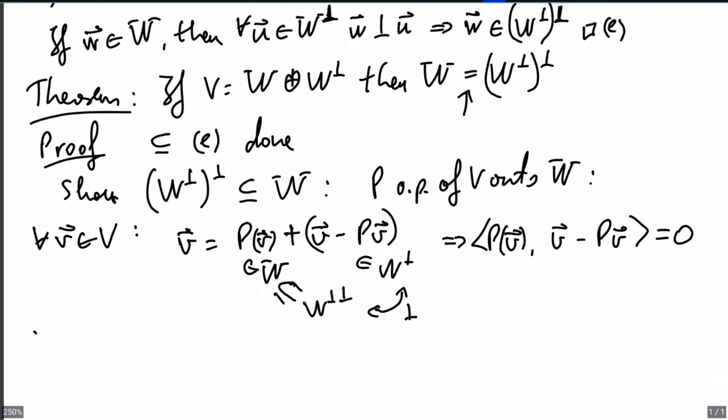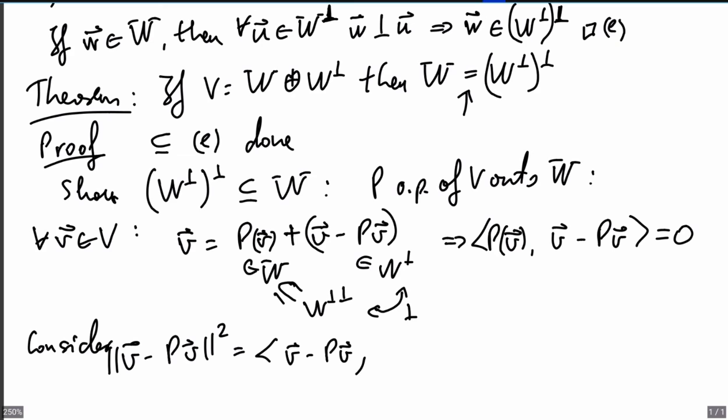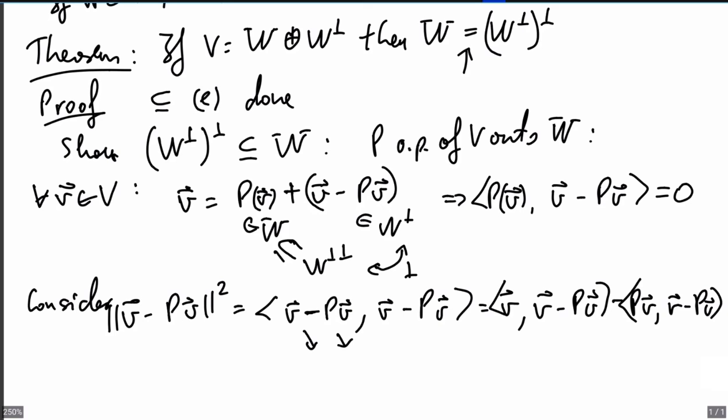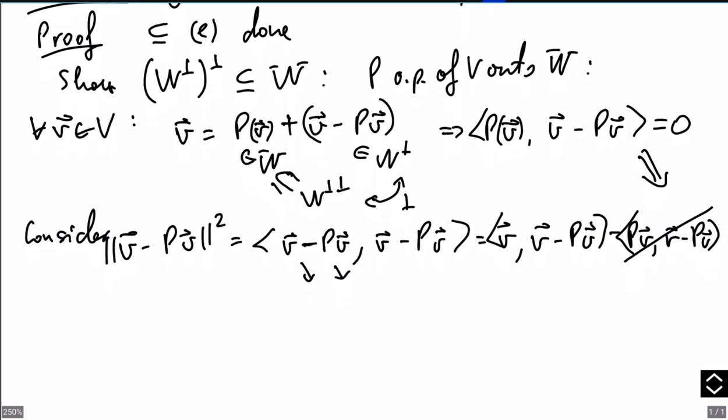So using this property, now we consider the norm squared of v minus Pv, which is, using the inner product, v minus Pv inner product with v minus Pv. Then we take the linearity of the first component, we separate this into the inner product of v and v minus Pv, and the inner product of Pv and v minus Pv. But then this cancels out according to this identity, and we are left with the inner product of v and v minus Pv.